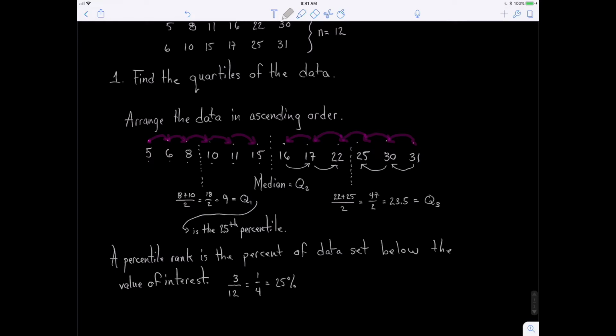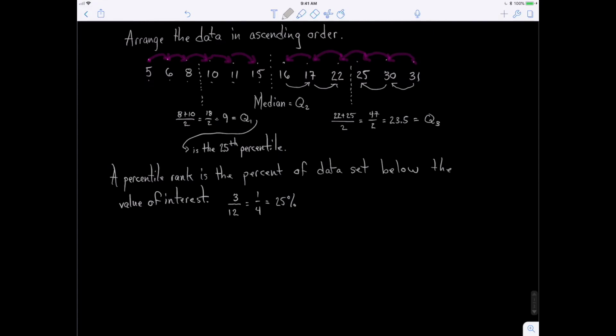And if we continue, notice the median has 6 values below it, which is half of the 12 values, or 50%. So we'd say the median is the 50th percentile.